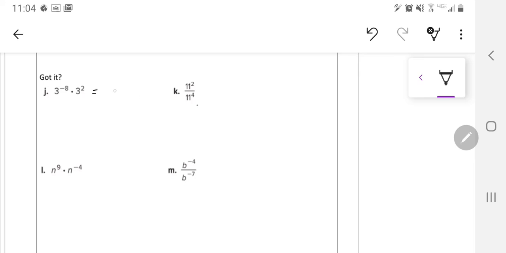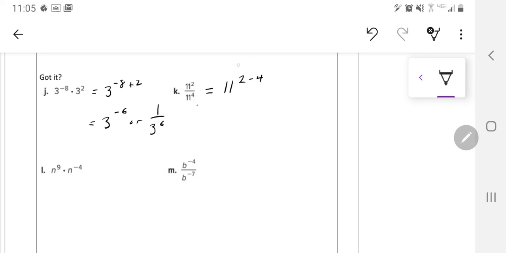You got 4 got its, and then we'll wrap it up. 4 got its. Try your best, pause, and then check it out. All right, we're back. We keep the base. This is the product of powers property. We got negative 8 plus 2. So that would be 3 to the negative 6. Or we can rewrite it with a positive exponent and take the reciprocal and take the opposite of the exponent. All right. We're going to divide. So we're going to do the top minus the bottom.